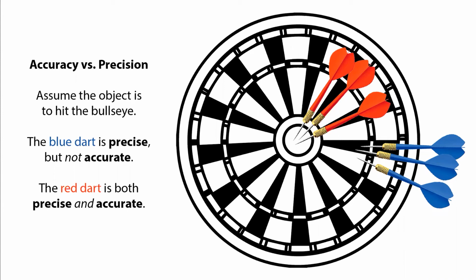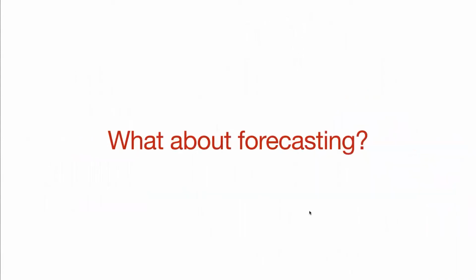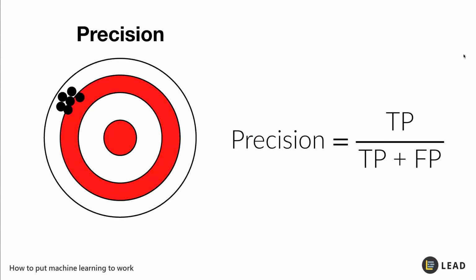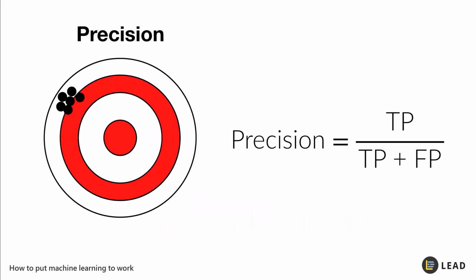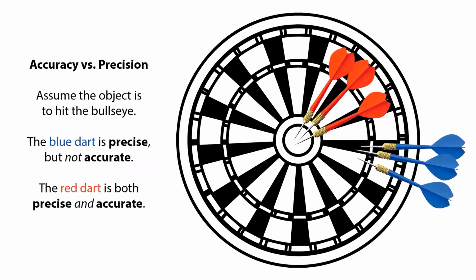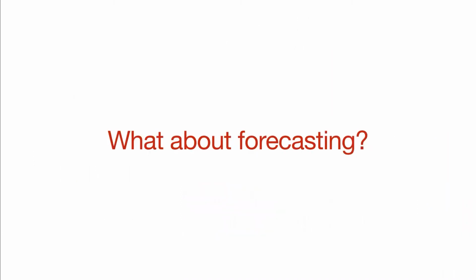Precision helps us measure true positives over true positives plus false positives, so we want to make sure this number is as high as possible, reducing the number of false positives. When you are evaluating your machine learning model for classification, always aim for both precision and accuracy.